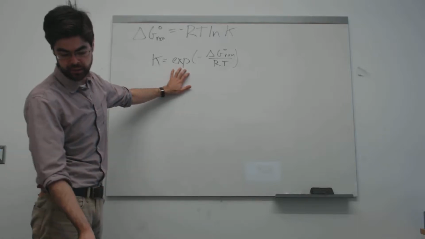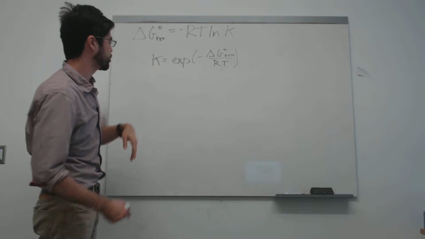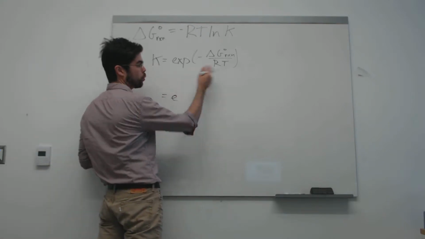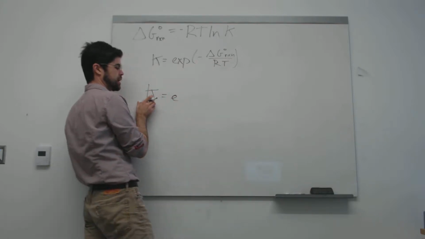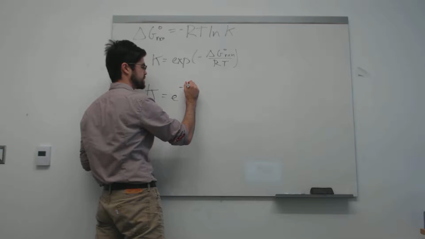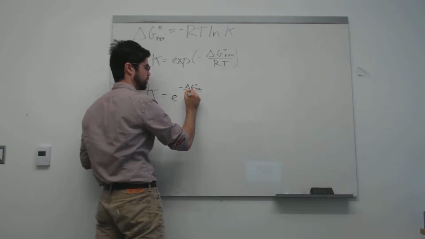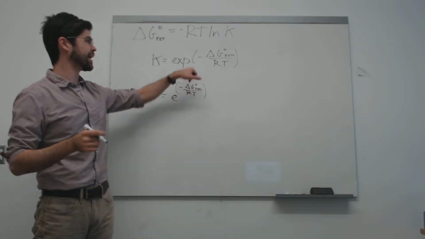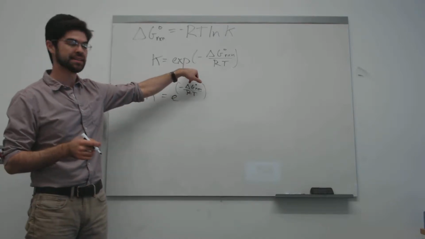I had a question asking what EXP is referring to. EXP means e to the whatever is in parentheses. So this expression really should be K is equal to e to the minus delta G naught of the reaction over RT. I like doing this partly because I find it a little easier to write.